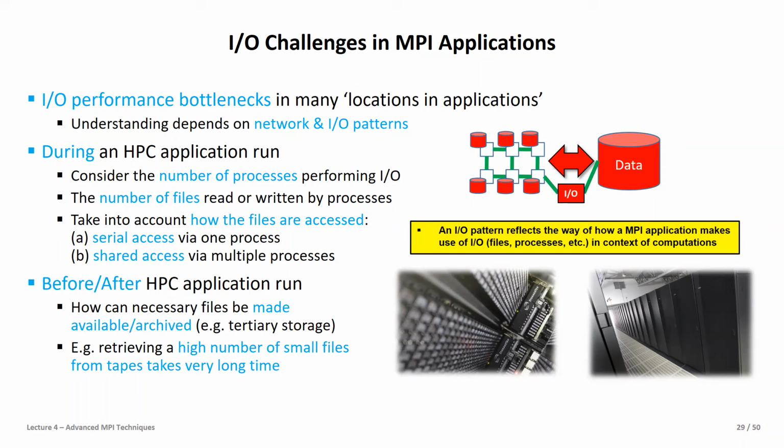There's a huge bandwidth in how you deal with it if you want to read big data once at the beginning of a big MPI application, maybe from tapes. Tapes usually have the problem of a high number of small files, and if you want to take them from tape archives, it takes really long. So you have to prepare that, and have it already allocated in scheduling, right? Remember, scheduling is important in the HPC system. We hopefully learned that a lot in assignment 1 and as part of my lectures: you share the system with many others, and you're scheduled.